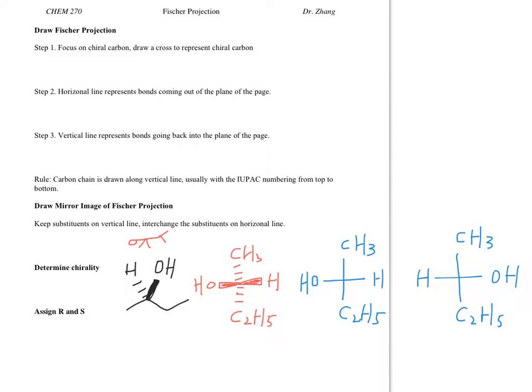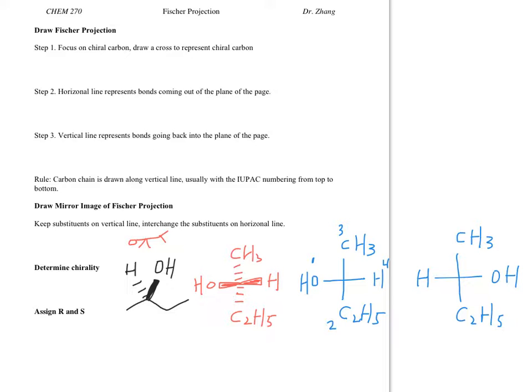You could also assign R or S on either of these Fischer projections. You're going to first identify the priorities of the groups. Hydroxide is definitely number 1, followed by ethyl, methyl, and hydrogen.